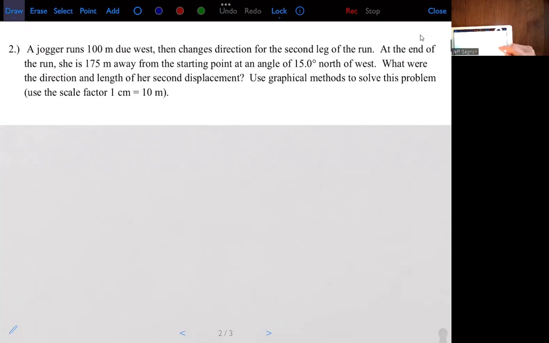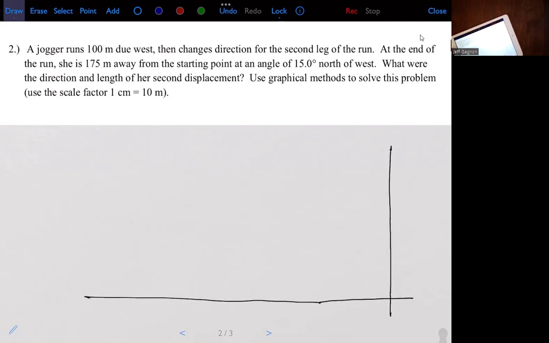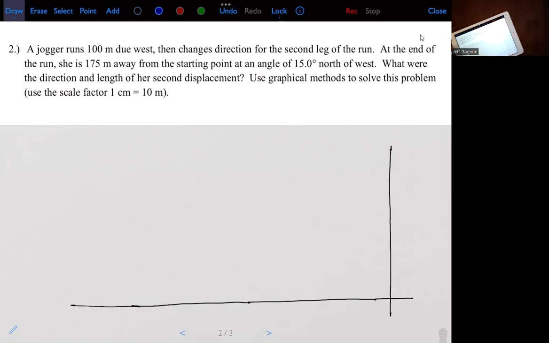Okay, so I need a bunch of room here because I'm going mostly west. So let's say this is my coordinate system. So first, the vector is going west. Let me draw that a little better. So something like this.